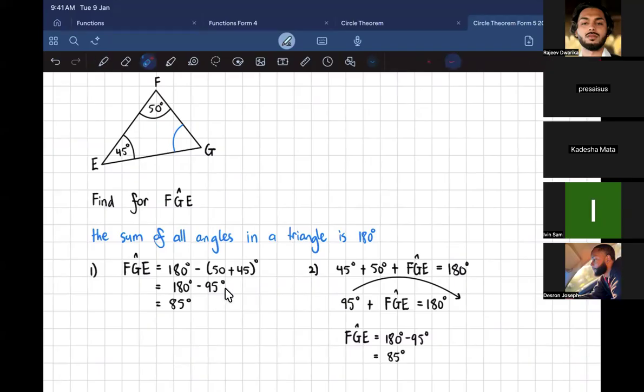If the question is just to find the angle, then you don't have to put it in the triangle. But it's good practice to put it into the triangle, so we could just draw an arrow and put that as 85 degrees. Good question.